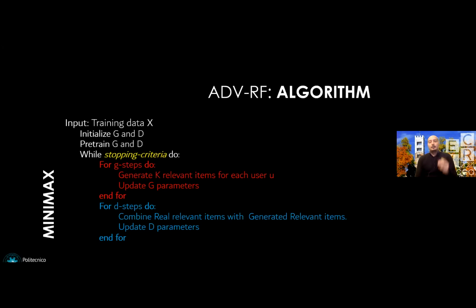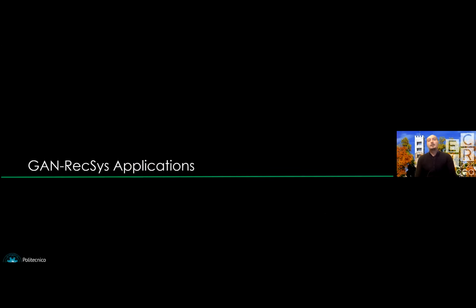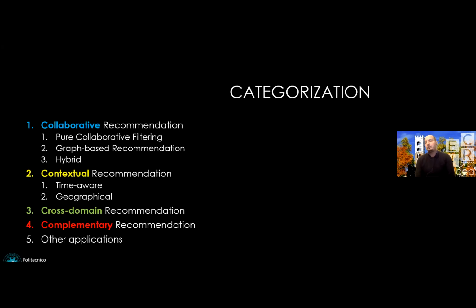In the end, we compute the loss and we backpropagate it to update the parameters. So given these foundations, now we are ready to look at some representative applications of GANs in a recommendation scenario.